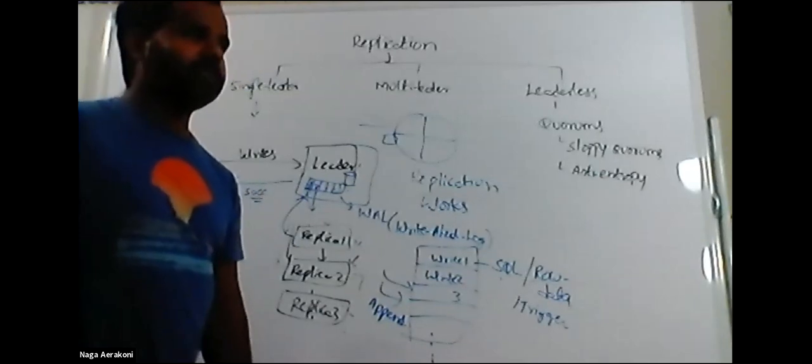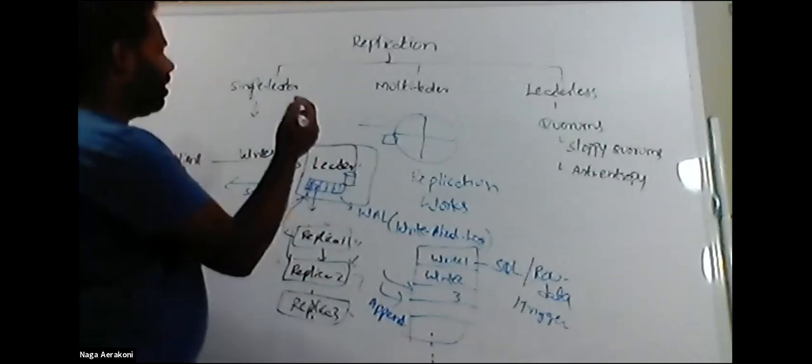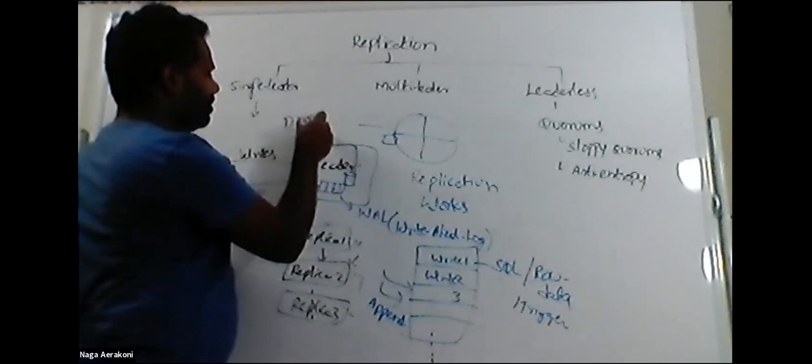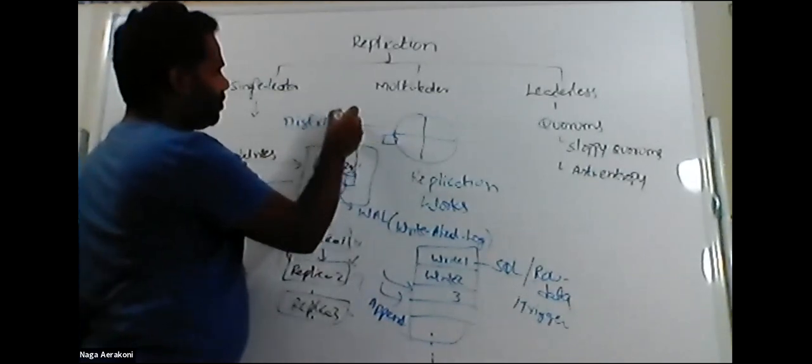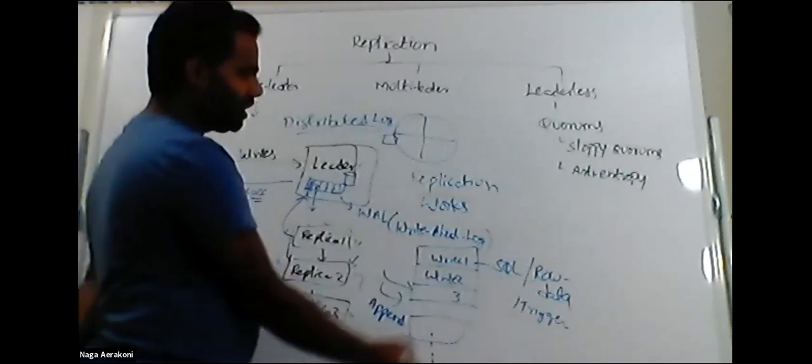Naga, is it something like a design practice to have logs? I've seen this type of log in Kafka also, that they used to have Kafka logs. So it is something like database logs. Is it a design practice? Yeah, I covered one distributed log, what it actually means, in one of the topics. Kafka is actually built on the same concept, basically the same thing I'm talking about here.